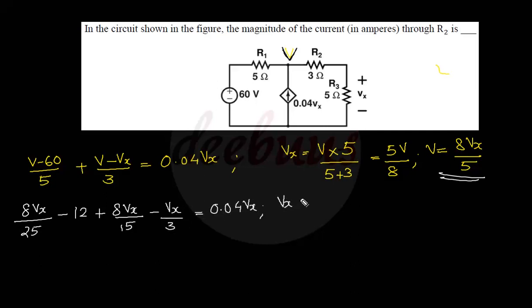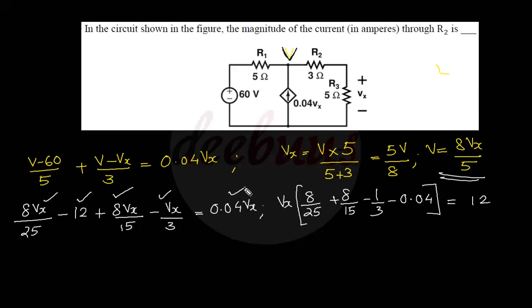From that, Vx can be taken as common, that is 8 by 25 plus 8 by 15, right? Next term is minus 1 by 3. Next term is minus 0.04 equal to 12. So now Vx equals 12 divided by all these terms. This term rounds up to 0.48. So Vx equals 25.